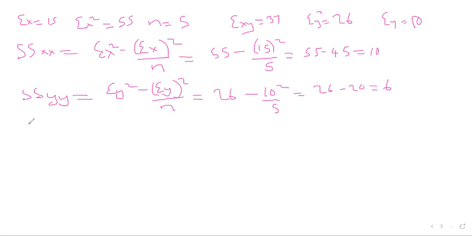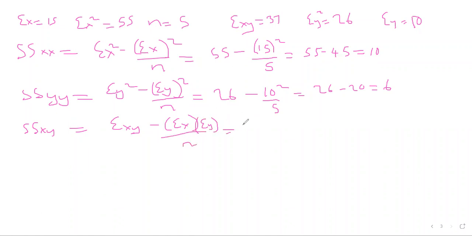And finally, Sxy is the variation in xy. This is summation of xy minus summation of x times summation of y, divided by n.